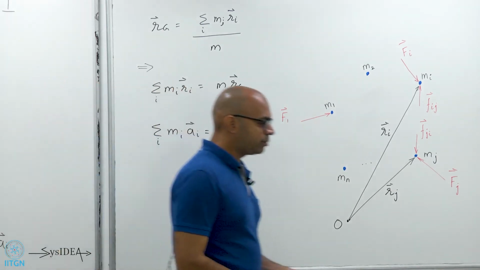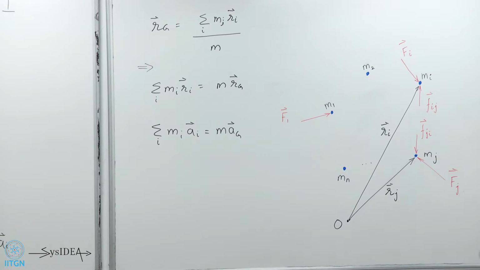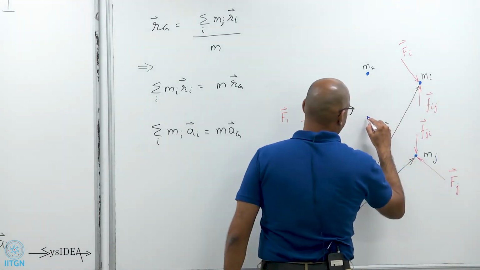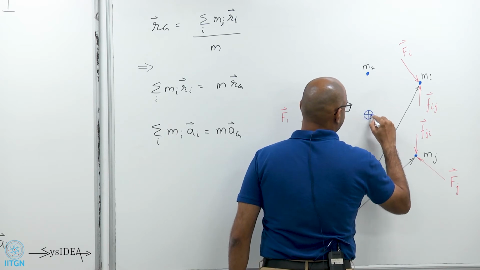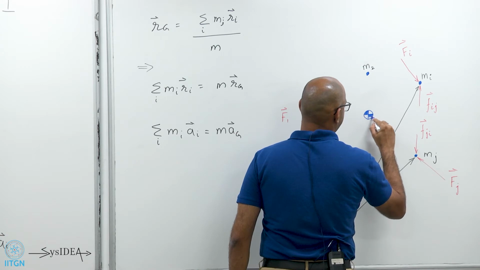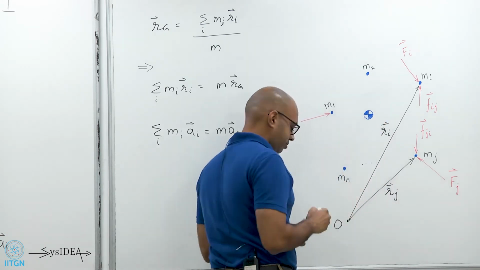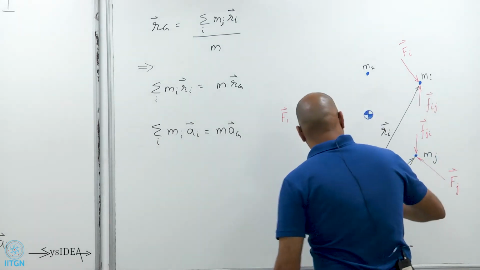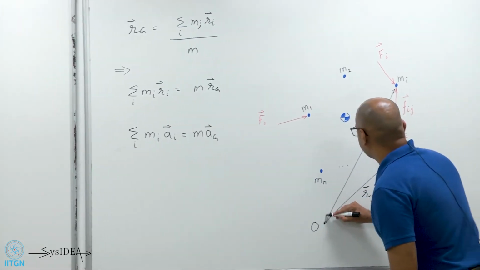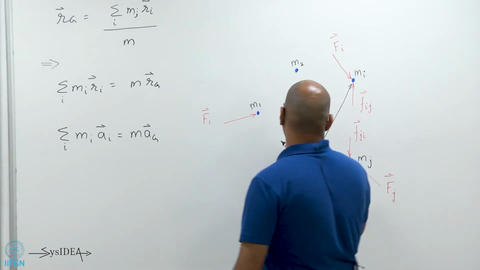Now, I can go back to this picture and draw a center of gravity. Some people like to use a special symbol for center of gravity, so let me use that. The position vector of this center of gravity is rG.